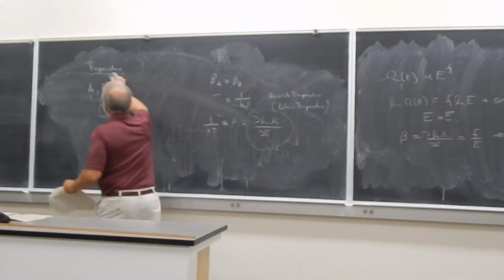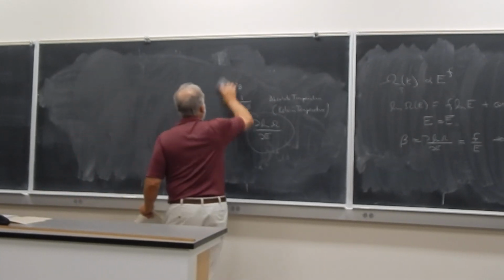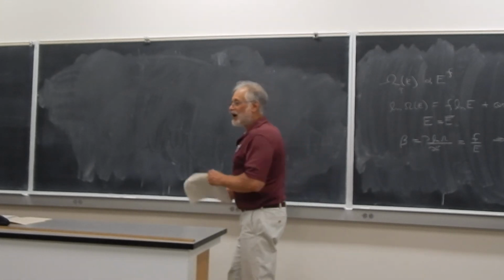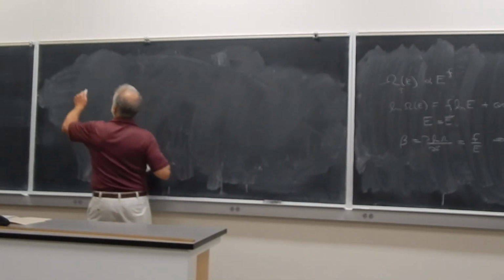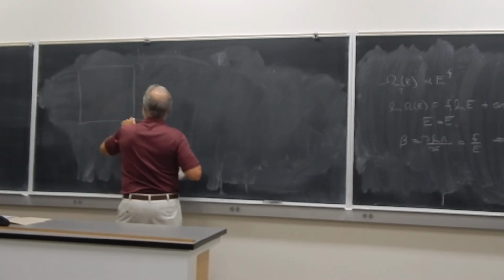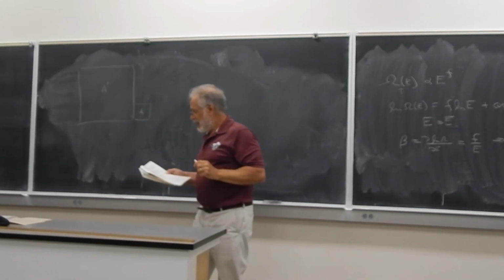Let's bring back the notion of the heat reservoir. Remember what we said the other day? A heat reservoir is a system that has many more degrees of freedom than the system in question. So maybe this is A, and we'll call this A prime, my heat reservoir.